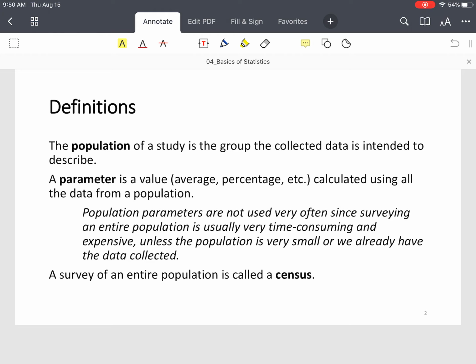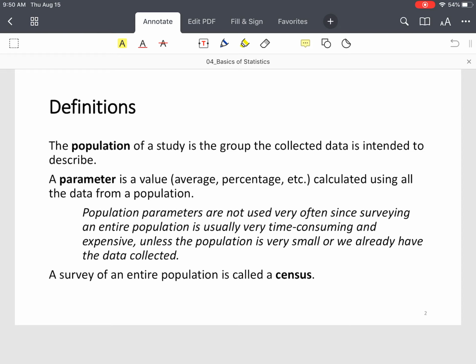We're probably at 320 million people. All right, that's the population. The parameter would be something like, what's the average age of a United States citizen? All right, that's the parameter. That's the value or the numerical value that you're trying to calculate.